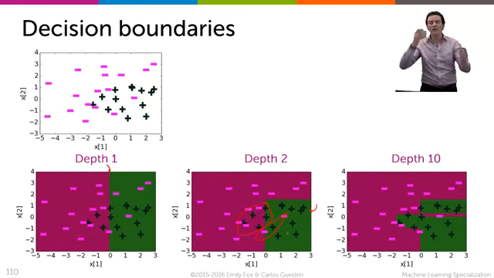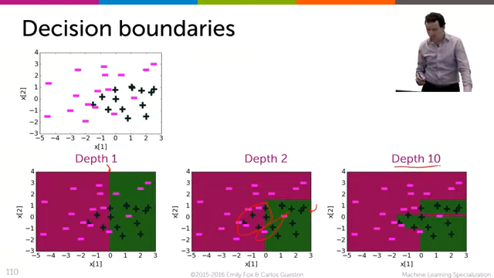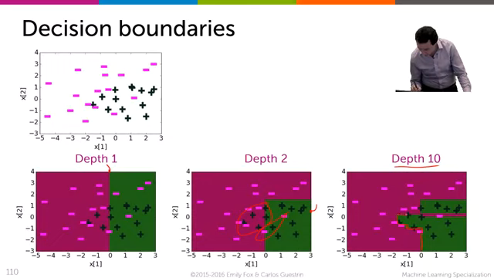And if we kept going, splitting all the way to depth 10, we get this really crazy decision boundary. If you look at it carefully, you'll see that it basically makes no mistakes. So it has 0 training error.